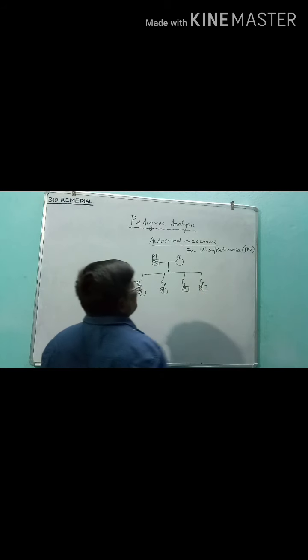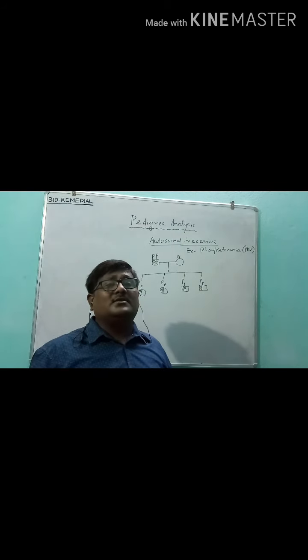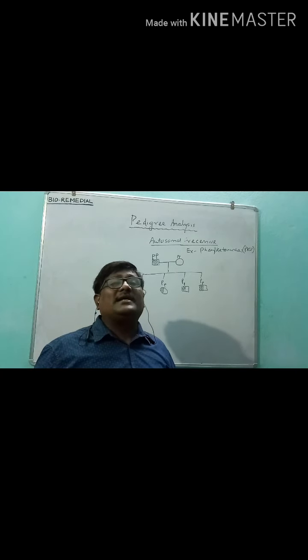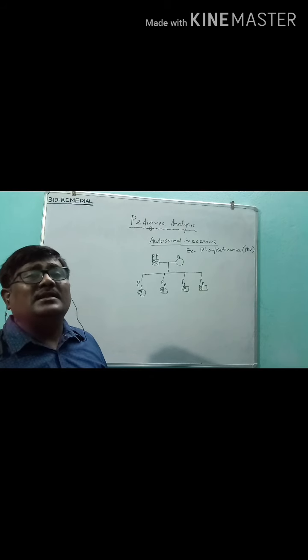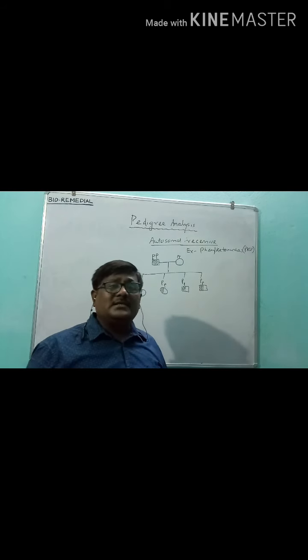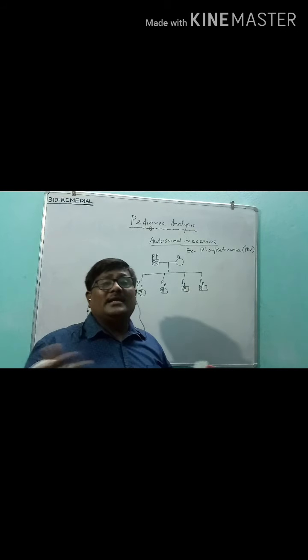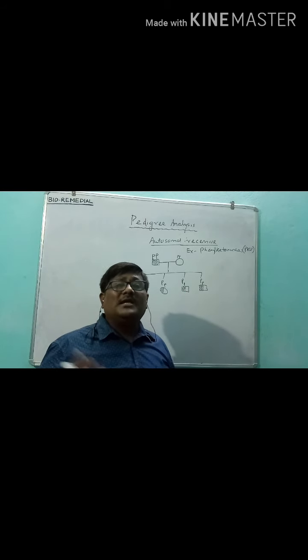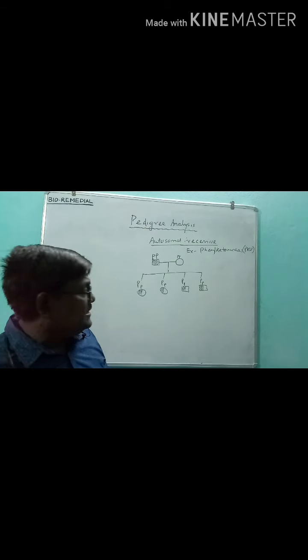No one will express it. The disease will not be expressed in the very next generation, because all of them will be carriers. If either father or mother is defective in a recessive disorder and the other is normal, then all the individuals of the next generation will be carriers. None of them will be affected.